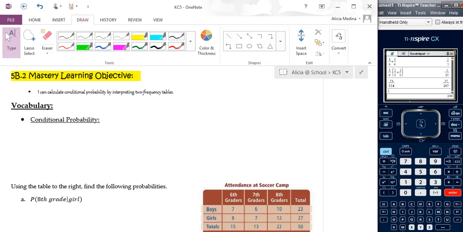So our vocabulary word for this section is, well, what is conditional probability? Conditional probability is the probability of an event happening if you know one event already took place.